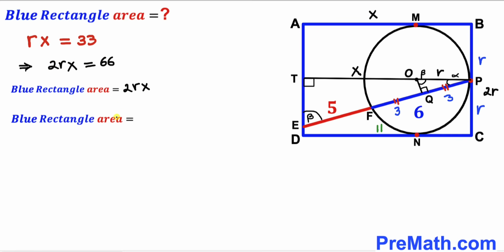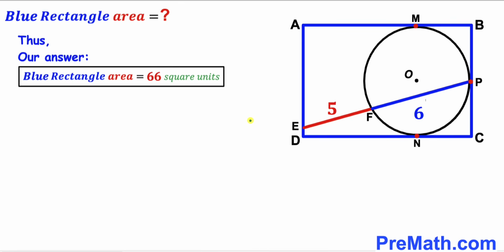Thus our blue rectangle area turns out to be 66 square units. After all the calculations and manipulations, the area of this blue rectangle ABCD turns out to be 66 square units. And that's our final answer.